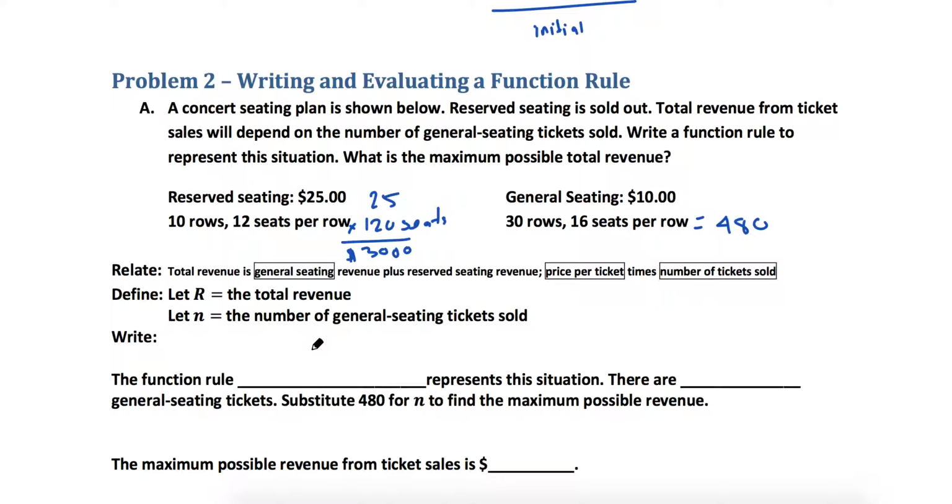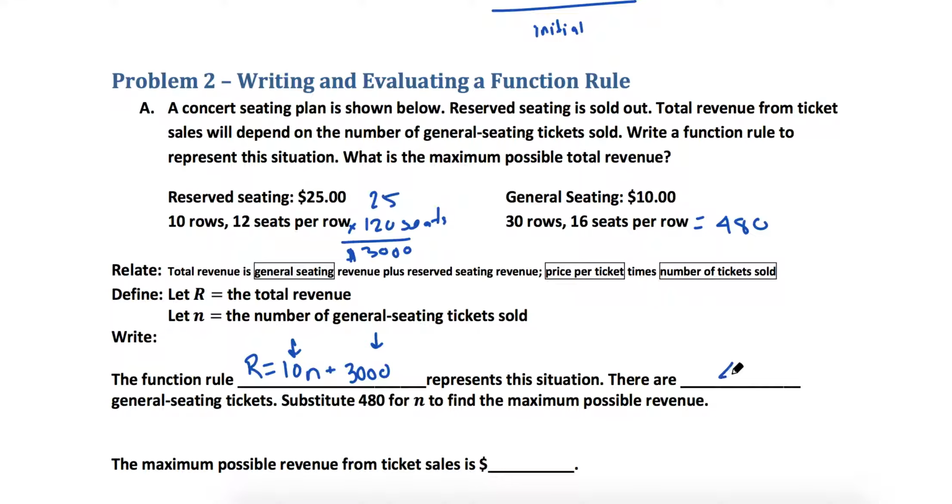So let's let R equal the total revenue and let N equal the number of general tickets sold. So we can write our function rule that big R is equal to how much we're making per seat. So we're making $10 times each of the general seats plus all the seats we sold already, so that's the $3,000. So again, it's general seating here plus the reserved seating there.